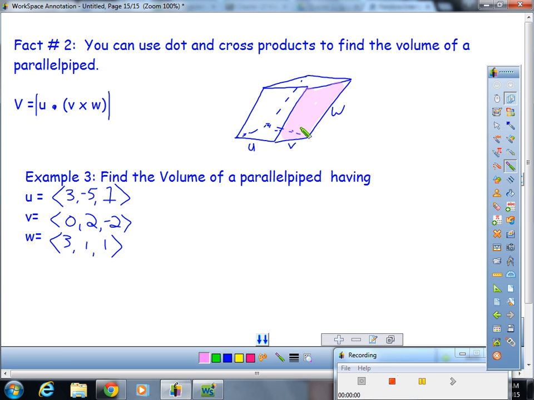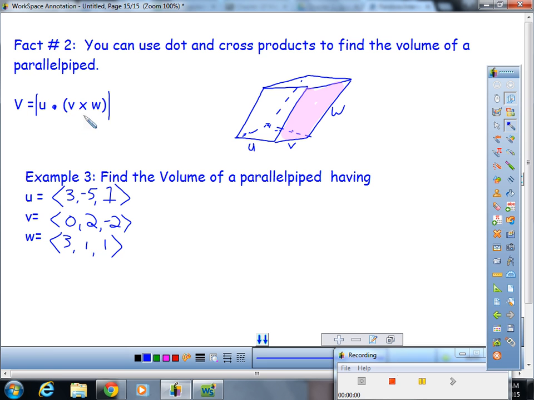And then when you dot that, remember, the V cross W gives you a what? A vector, okay? So we're going to get a vector from this, and then we're going to dot it with U, which virtually multiplies it by all of the parts of U that are traveling in the same direction as the vector that's orthogonal to V and W. Does that make sense? Let me say that again.